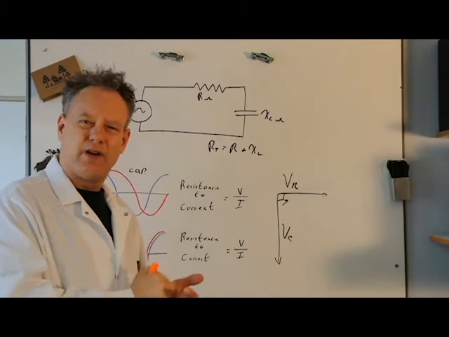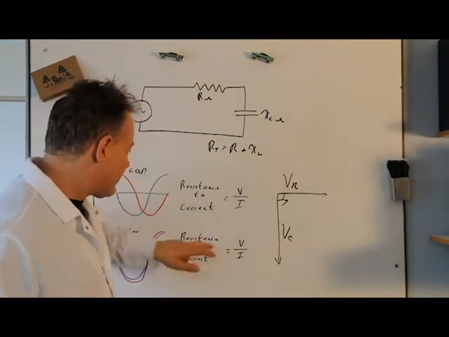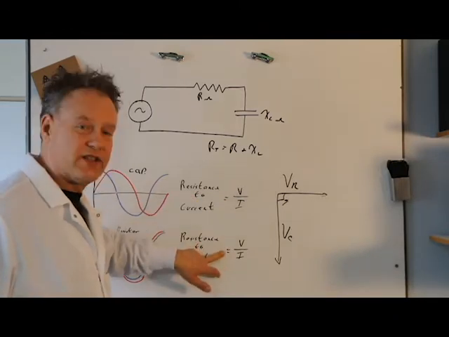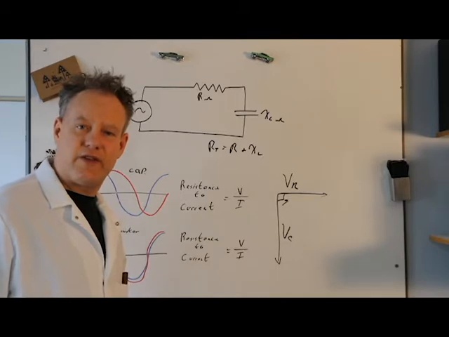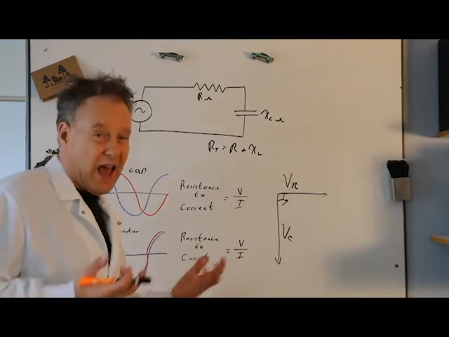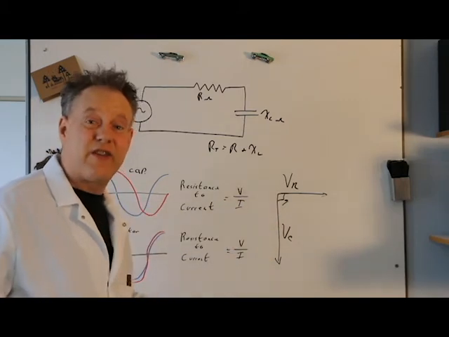So there's a problem here, right? We can't actually say this, because this resistance here and that resistance there are out of phase. They're 90 degrees out of phase from one another. So to actually add the resistance, we have to use a phasor diagram.